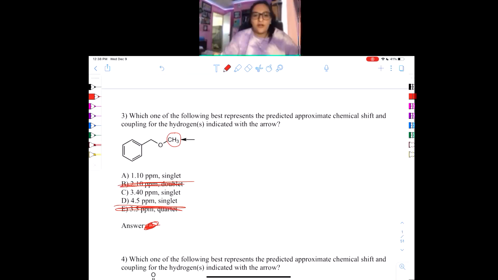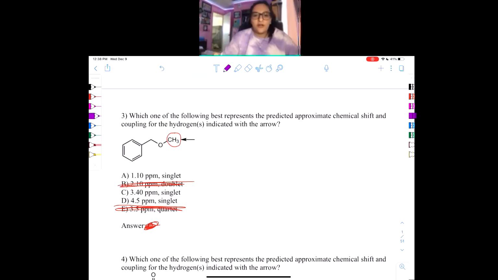And now when it asks ppm, what is it asking for? Which one of the 4 main aspects are we looking at? Yes, this part is pretty tricky. But before we even get into the numbers, so what is this asking you for when it says ppm? What do you have to look at? We know the 4 main aspects are number of signals, splitting and multiplicity, chemical shift, and integration.